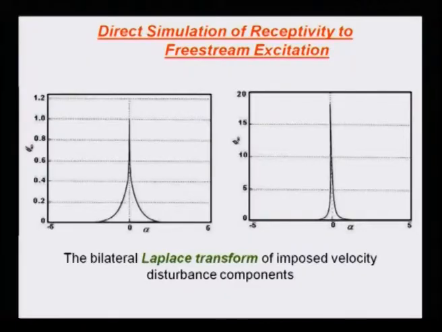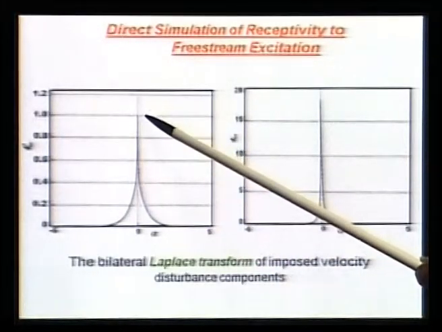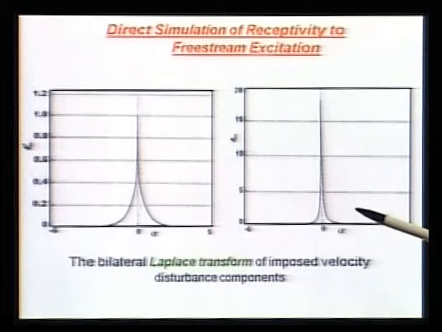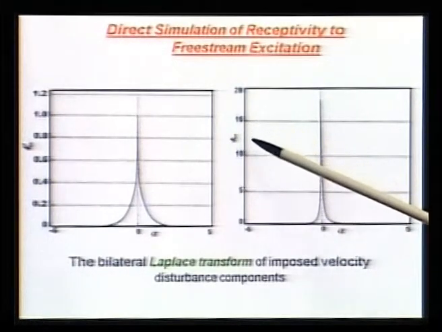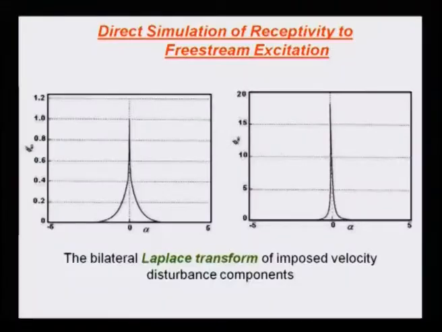Now we actually looked at the corresponding Fourier Laplace transform, and we find that the Fourier Laplace transform for the streamwise component of velocity has an amplitude of order 1, whereas the Fourier transform amplitude of the v component of velocity is of the order of 18 to 20.